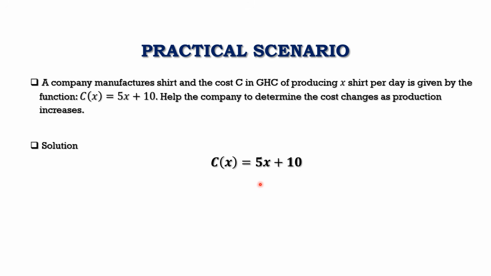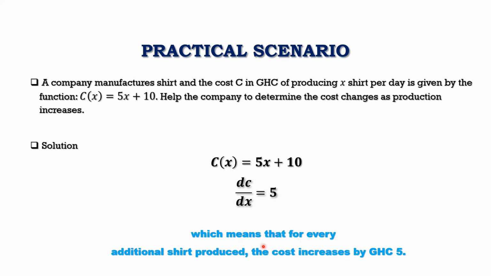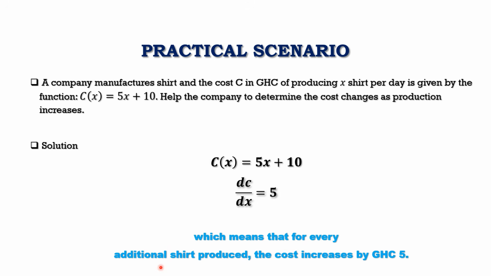So we are going to find the rate of change of the cost with respect to the number of shirts produced per day, that is x. So dC over dx equal to 5, which means that for every additional shirt produced, the cost increases by 5 Ghana cedis. That is a practical scenario of this particular study.